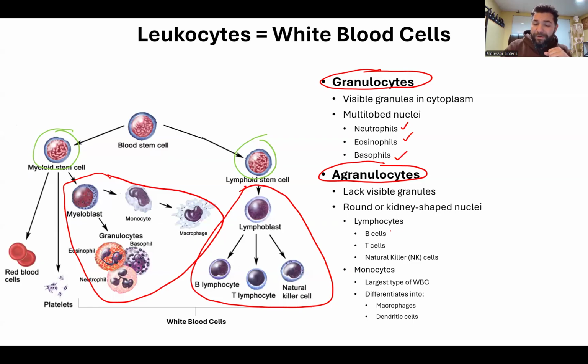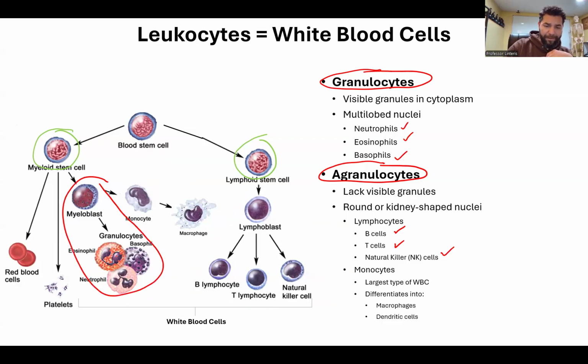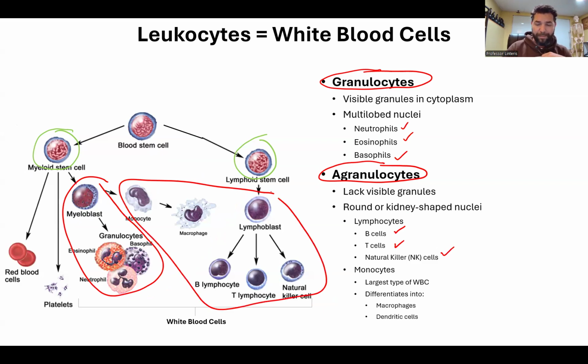But the major lymphocytes that we talk about are B cells, T cells, natural killer cells, and monocytes, which I drew wrong. It should be that, and then that would look like that. My bad.